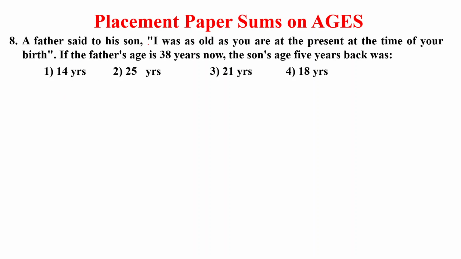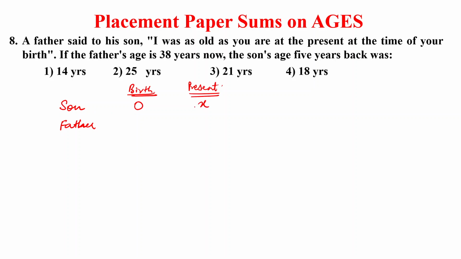I was as old as you are at present at the time of your birth. At the time of your birth, what is the age of son and what is the age of father? So I am just writing here birth. At the time of birth, what is the age of son? 0 years. What is the age of father? Suppose now, at present, the age of son be x, right?